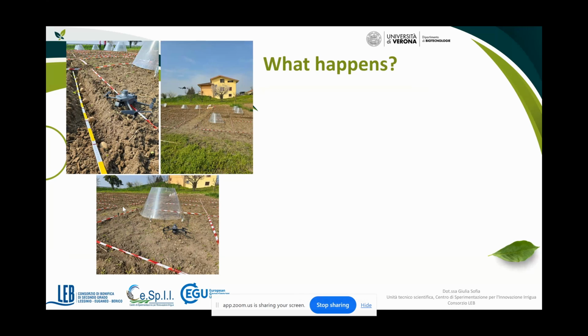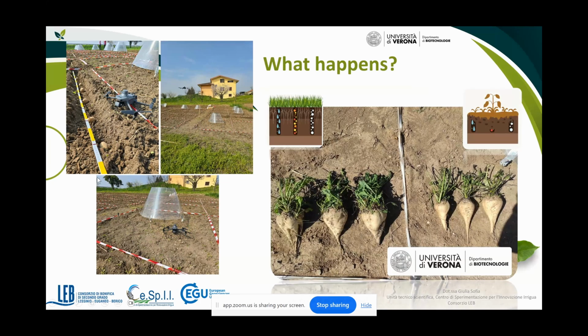These are the areas with the chambers, for potatoes and sugar beet. At the end of the first season, on your left here, you can see the sugar beet outside the 2 degrees Celsius increase. On the right, this is the effect of the 2-degree increase in the soil properties for the sugar beet. Moving on to potatoes, hopefully it shows on the screen.